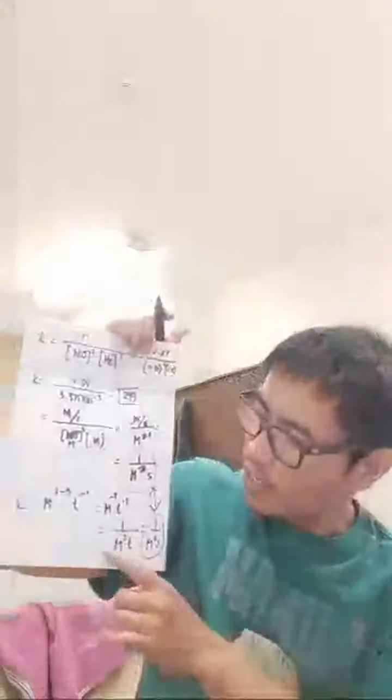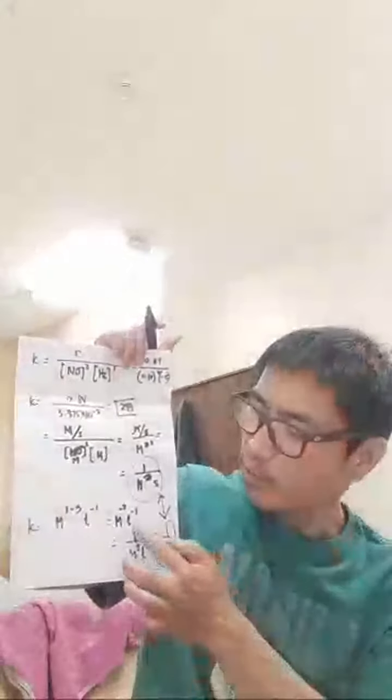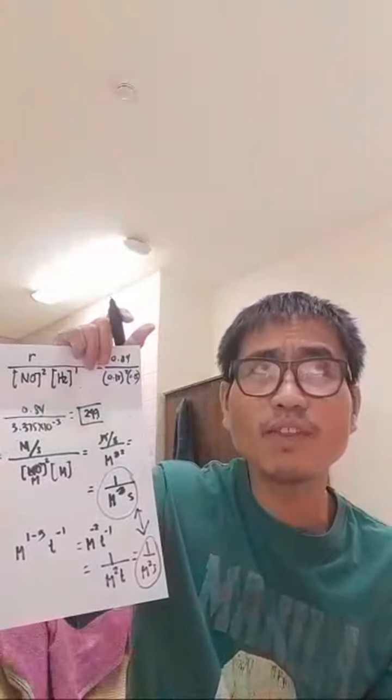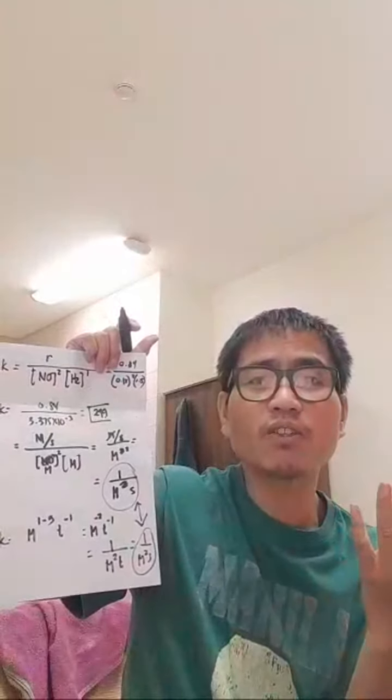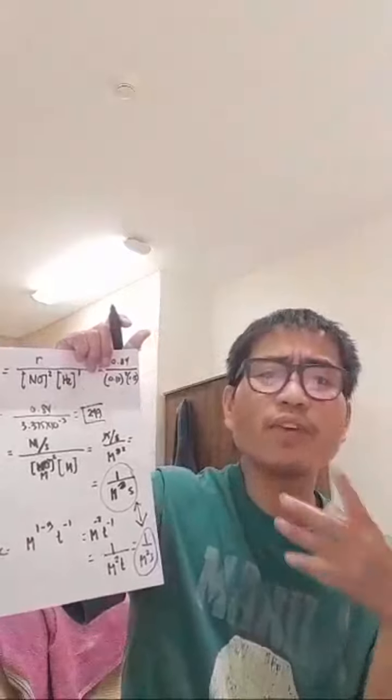So if N is more than 3 overall reaction order, you don't have to worry because you can substitute that here. So you can easily detect the unit even though the reaction order is 0, 2, 12, 10, or infinite.